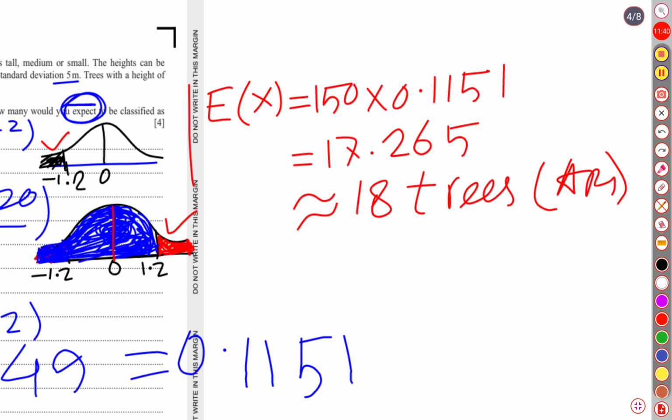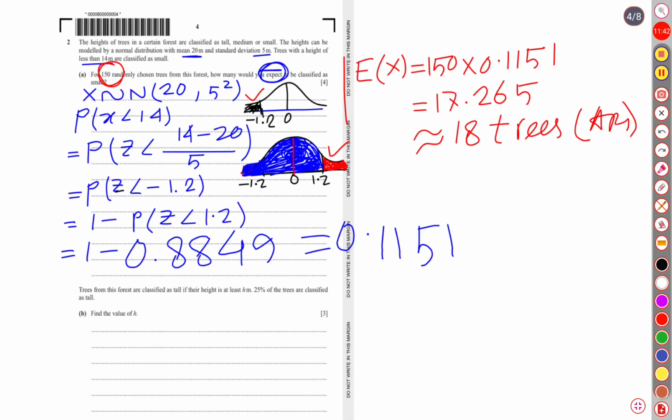Remember, number of trees is always a whole number integer. So if we convert 17.265, you can write either 17 trees or 18 trees. According to me, the mean value is more than 17, so more than 17 means it will be 18 trees.